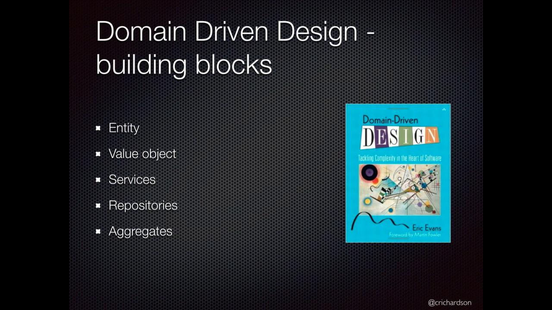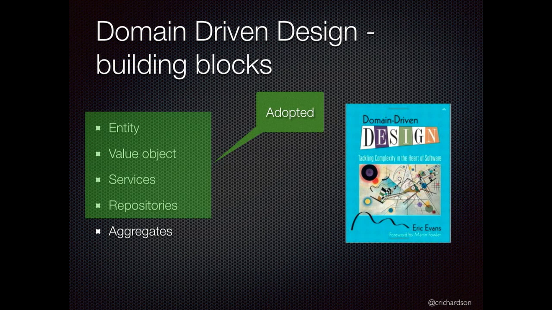And almost all of those four terms should be familiar to everyone in the room, right? They're terms from JPA, and they're also terms from, well, the Spring Framework, for example. So the first four of those have just become standard terminology for developers. But then there's this fifth one known as an aggregate.